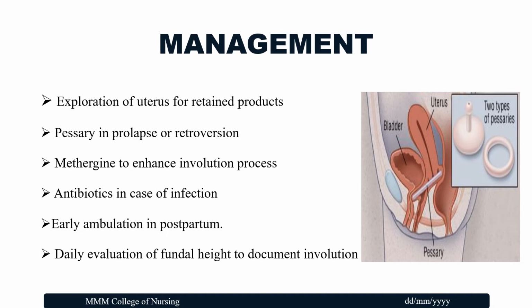If there is any infection, antibiotics can be started. In the postpartum period, we will encourage the mother for early ambulation and daily evaluation of fundal height to document the involution. When we are checking the fundal height, every day we have to see that it is reduced.